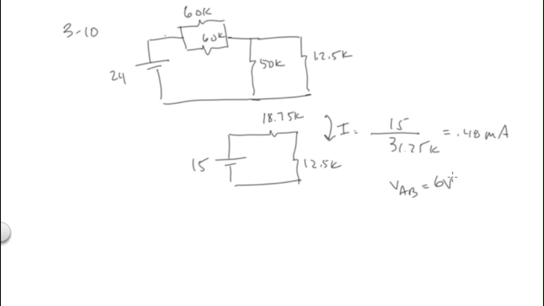Okay, so number 11. Find the current through a 10K resistor connected across the AB terminals.